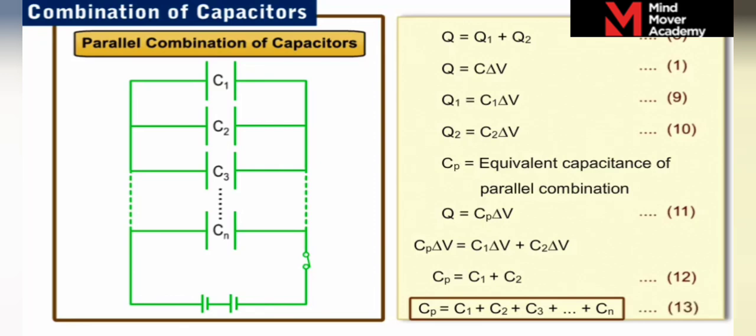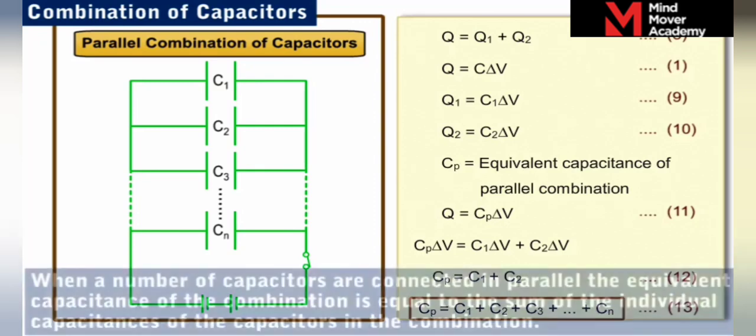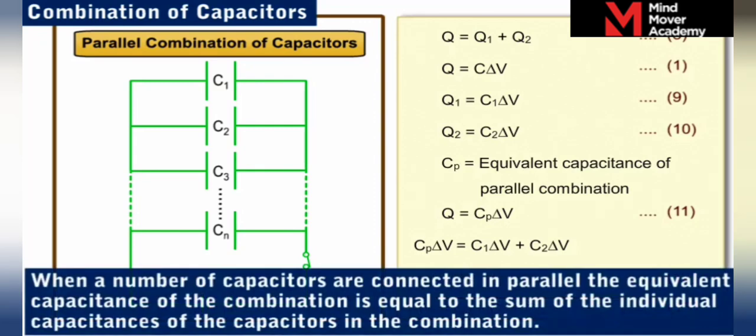Let us label this as equation 13. So, we can conclude that when a number of capacitors are connected in parallel, the equivalent capacitance of the combination is equal to the sum of the individual capacitances of the capacitors in the combination.